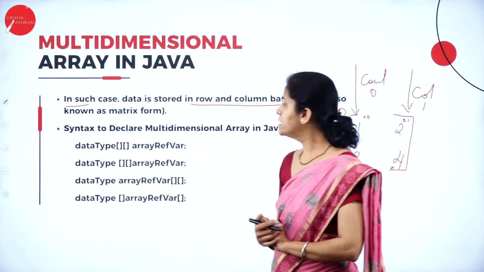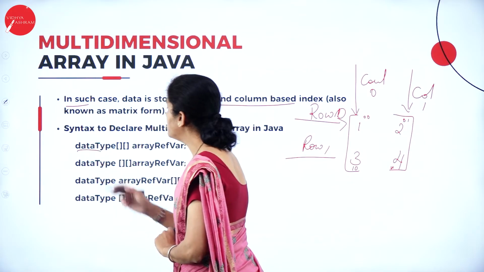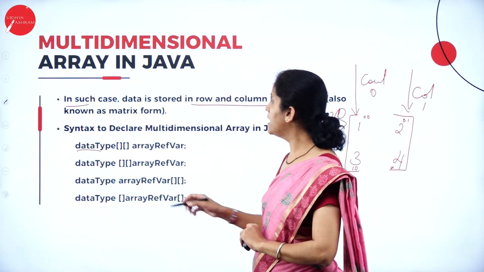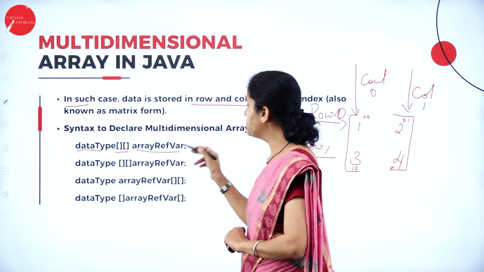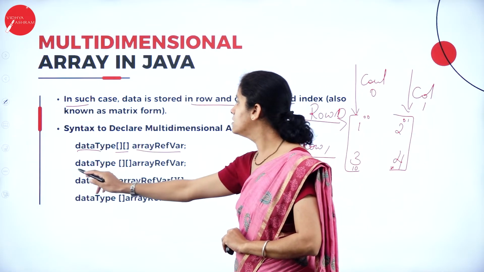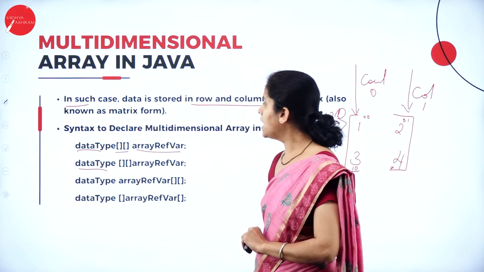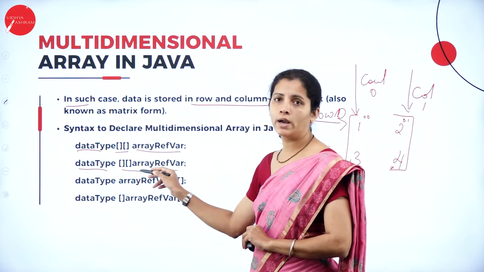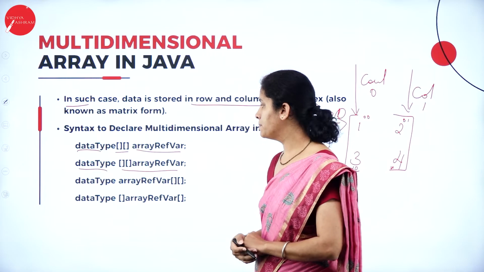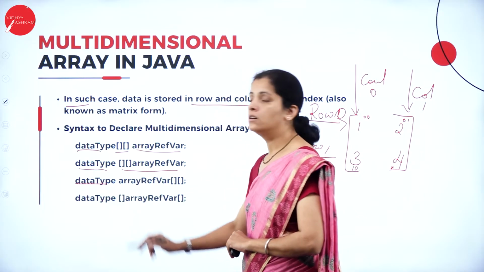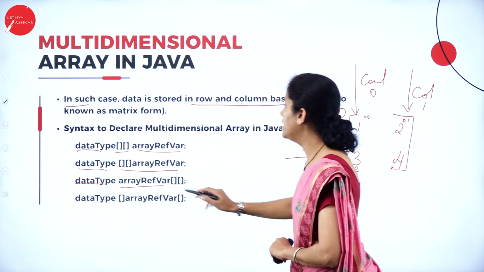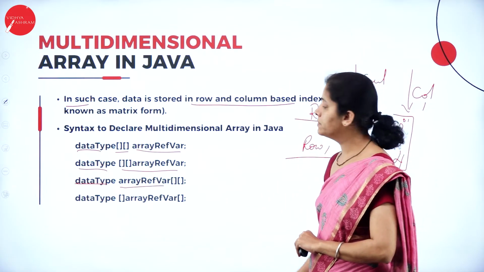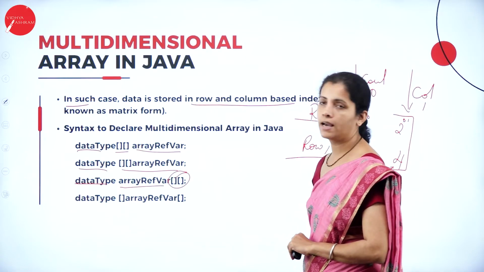So here I'm going to have the data type, then I'm going to specify the array and array name. Next one is, okay, data type and 2 square brackets and array name. The most common array declaration is data type and array name, then I'm going to specify the size.